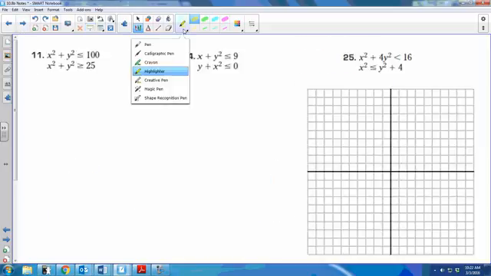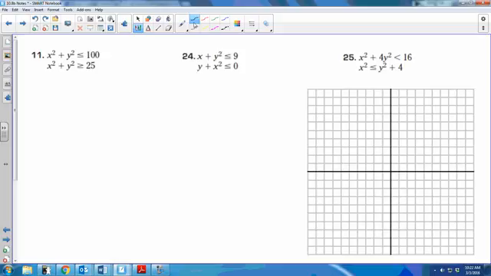All right. The first example. We have two equations or inequalities that are in the same format. So that means both of them are the same conic section. What are both of these inequalities representing? Circles. How do I know that they're circles and not ellipses?